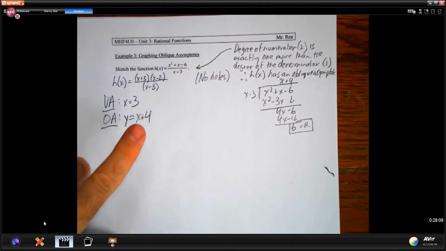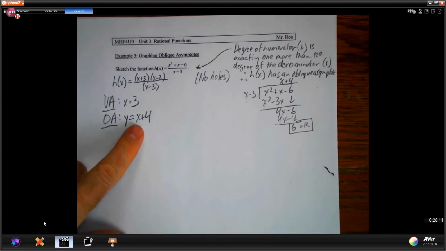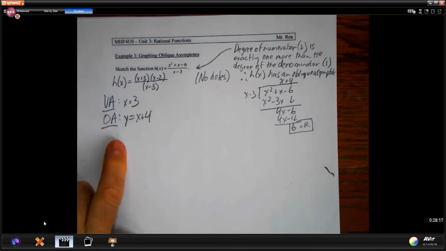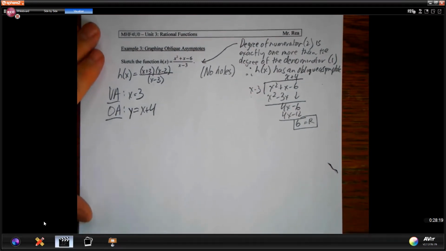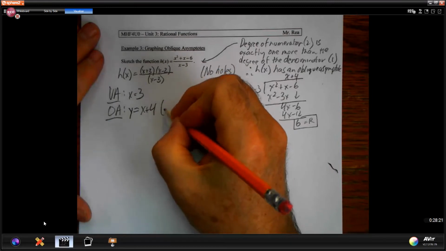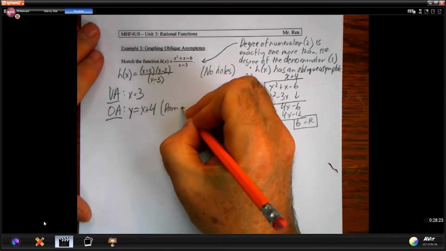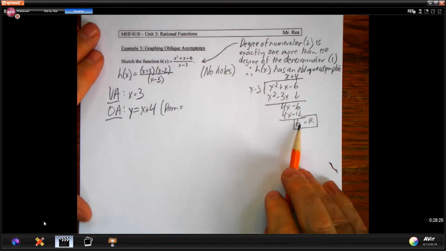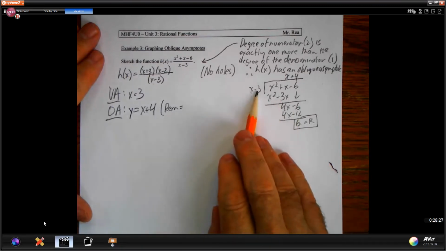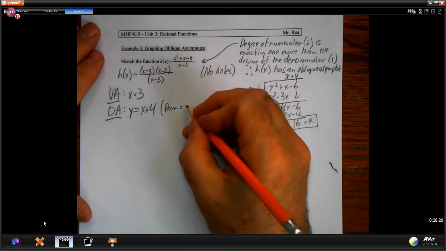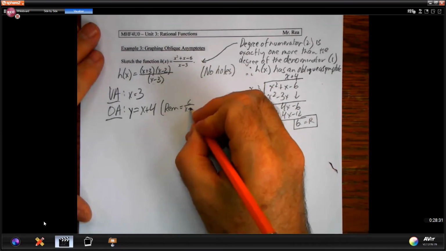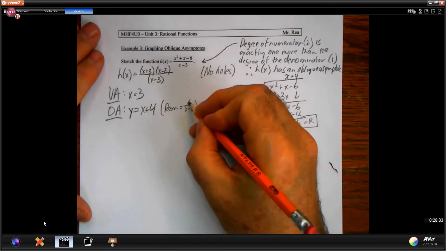You can see this is a line. It's definitely not vertical, it's definitely not horizontal. It has a slope of 1, and that's going to be the oblique asymptote. So now I'm going to state the remainder here. Now remember, the remainder is this over the divisor, so 6 over x minus 3. And this will be useful in a sec.